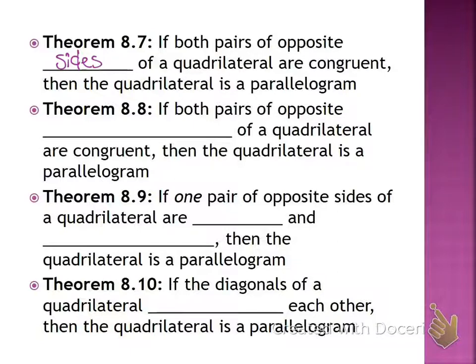That's the converse of something we talked about yesterday. Yesterday we said if it was a parallelogram, then opposite sides were congruent. See how this is just backwards? Okay, so what do you think the next one is? If both pairs of opposite angles of a quadrilateral are congruent, then it's a parallelogram.